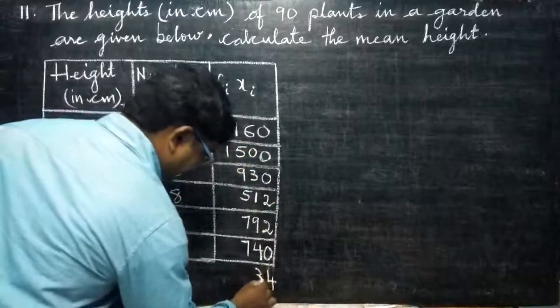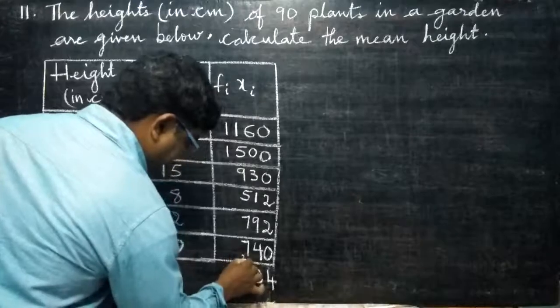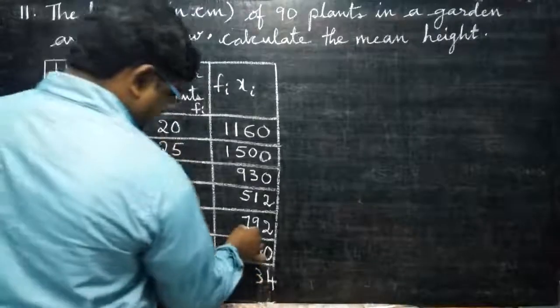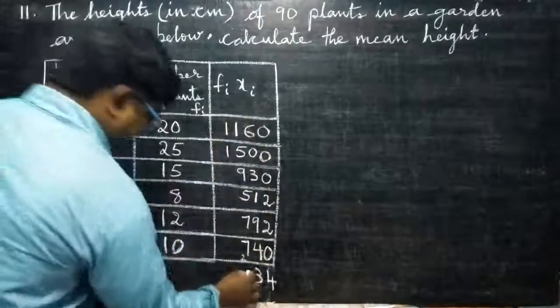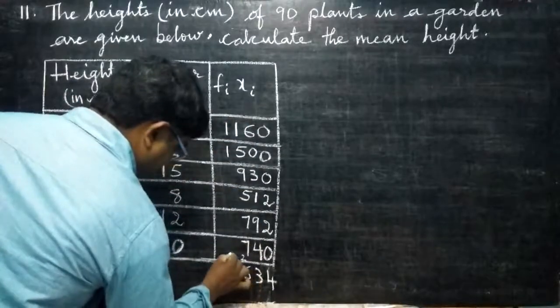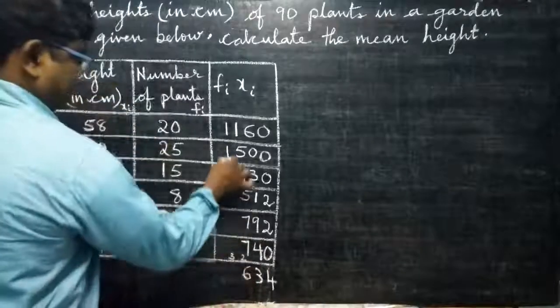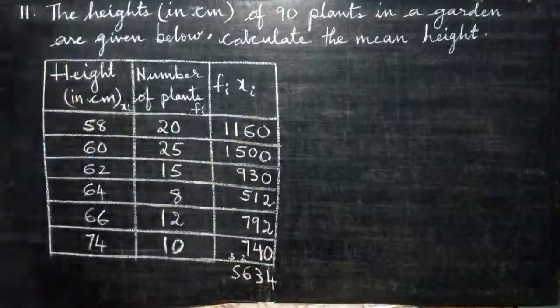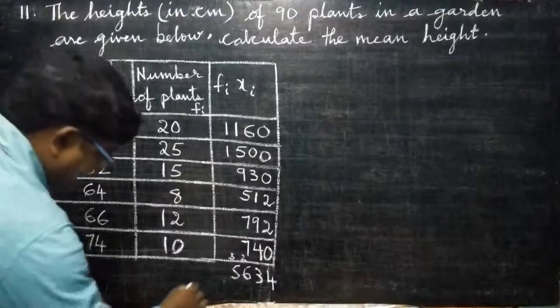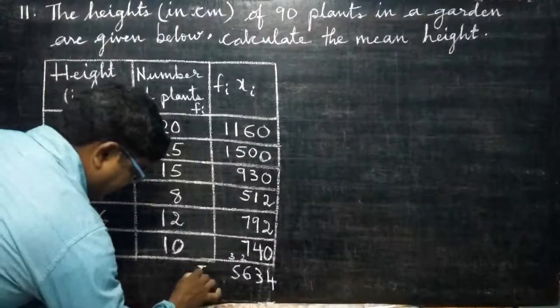Here 3, 2 here. 9, 16, 21, 30, 36. Here 6 and 3. 3, 4, 5. So how much you got? 5634.